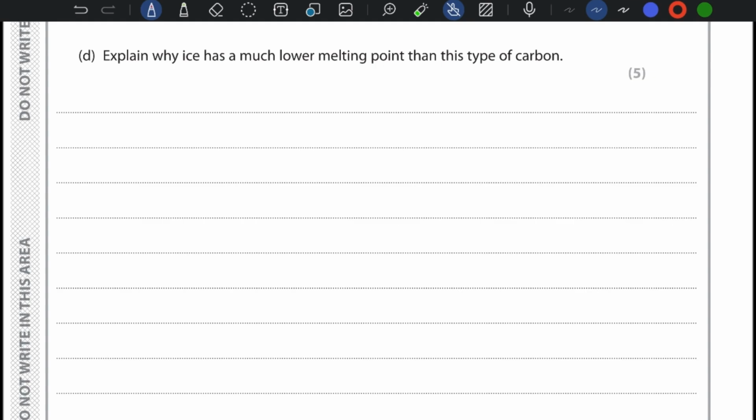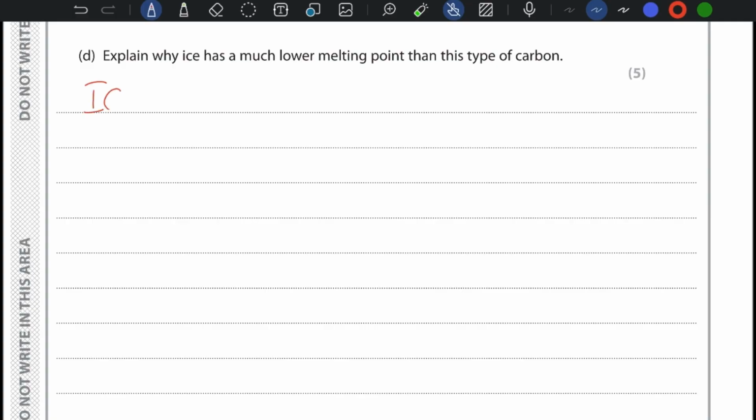Why? Because a simple molecule contains weak intermolecular forces, which require less energy to break. But a giant covalent compound, or giant covalent element like graphite or diamond, contains strong covalent bonds, which require high energy to break.